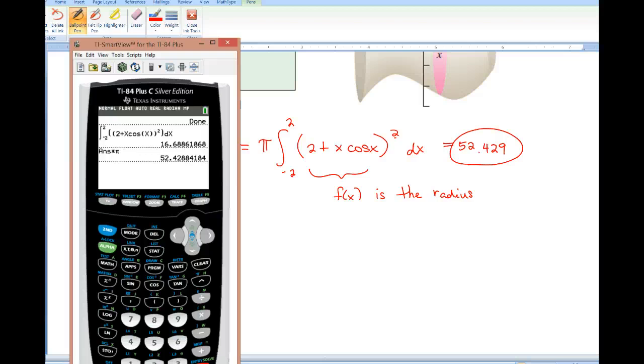Okay, I put a program on your calculators. You have a volume program. If I transferred programs onto your calculator, then you have this volume program.